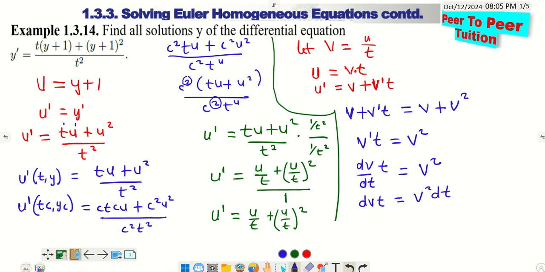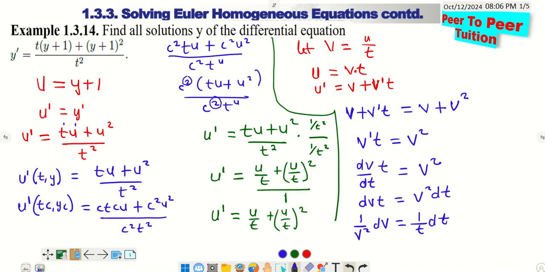So that's I'm multiplying through by the t. Then the next thing is divide through by v squared. If I divide through by v squared, I'll get 1 over v squared dv. Then I'll divide through by t too. So I'll get 1 over t dt.